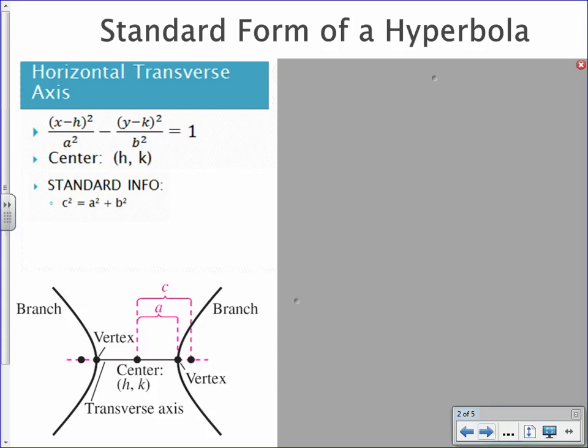So x squared is the positive variable, and then we're subtracting the y squared. Since the x squared term is positive, we write it first, and we know it's going to be horizontal. a is still going to tell us how far away our vertices are from the center.